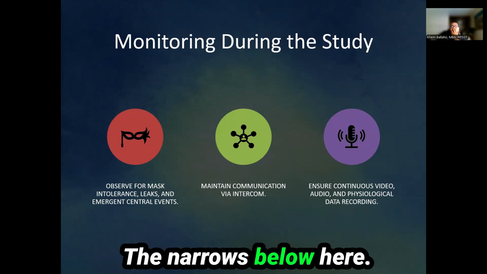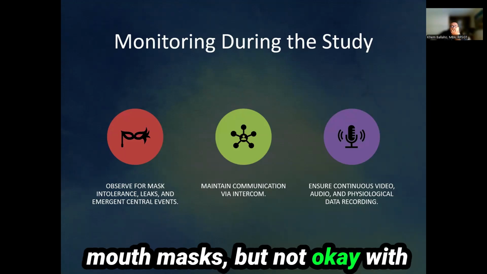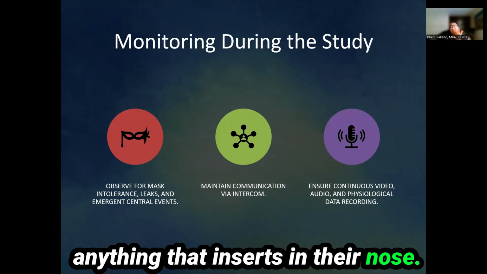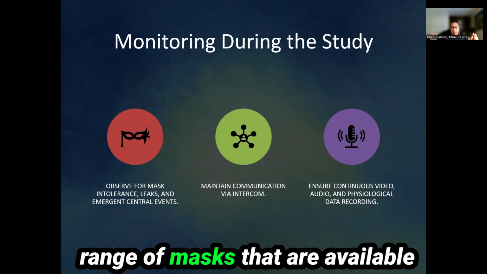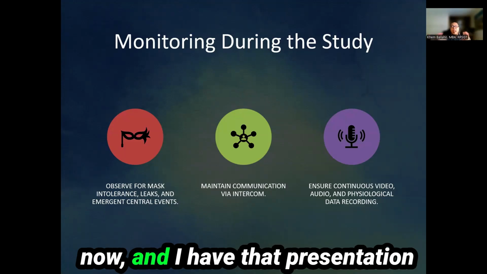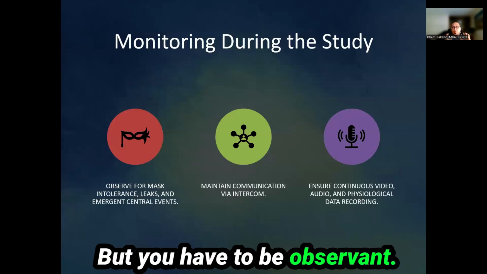The narrows below here. Some patients are okay with a mouth mask, but not okay with anything that inserts in their nose. So there's definitely a whole range of masks that are available now. And I have that presentation already in some of the chapters.